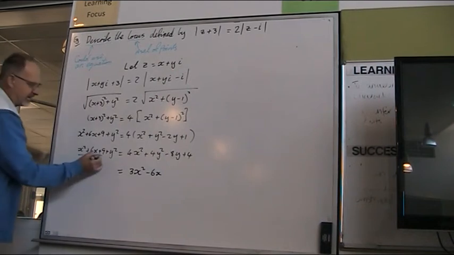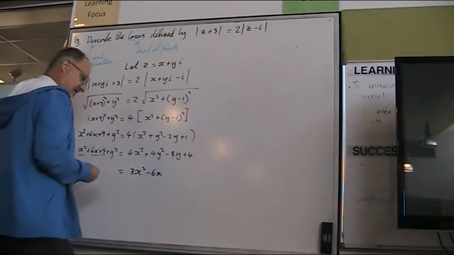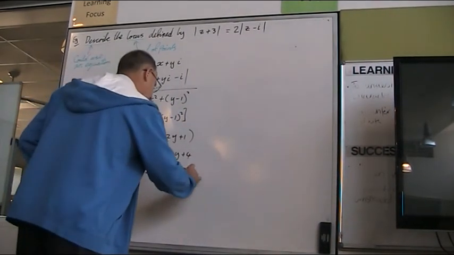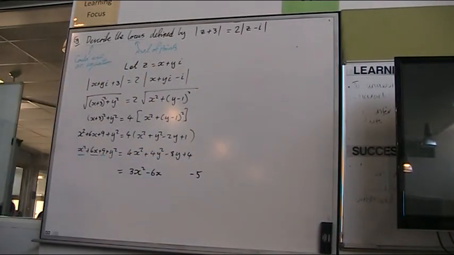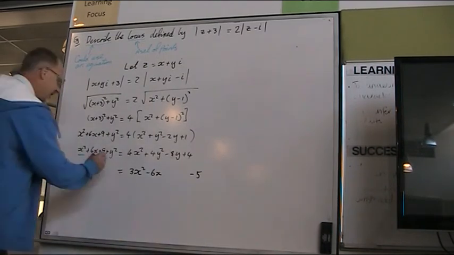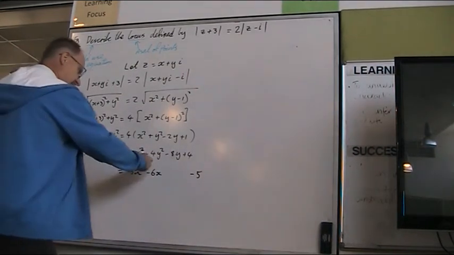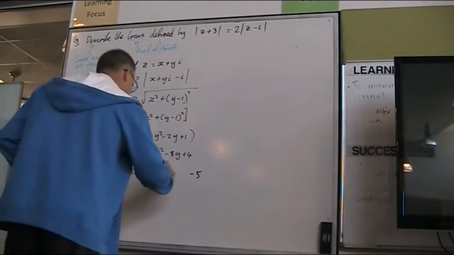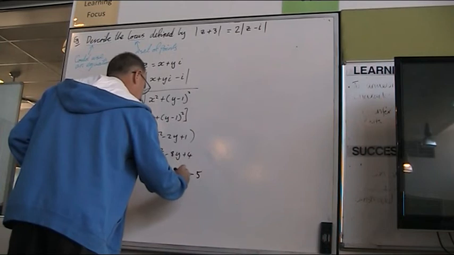I've got a 9 that I've got to take away. So there's a 4 on the end here, I'll go minus 5 after I've taken 9. And the last thing is to take away y squared. So I've got 4 of them there, if I've taken 1 away, I've now got 3. And the minus 8y.